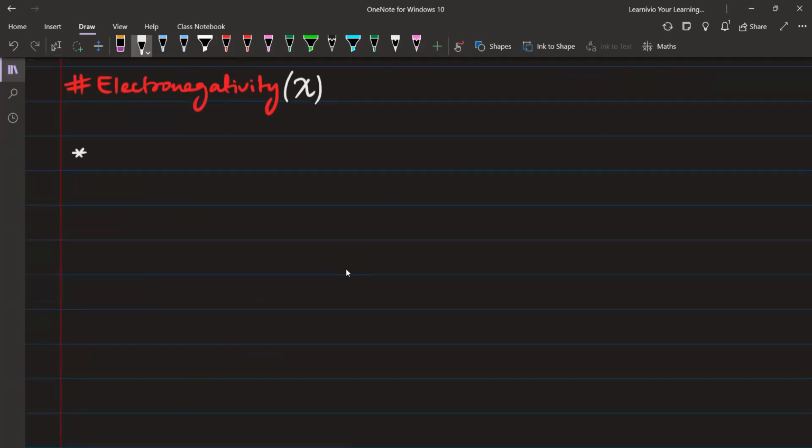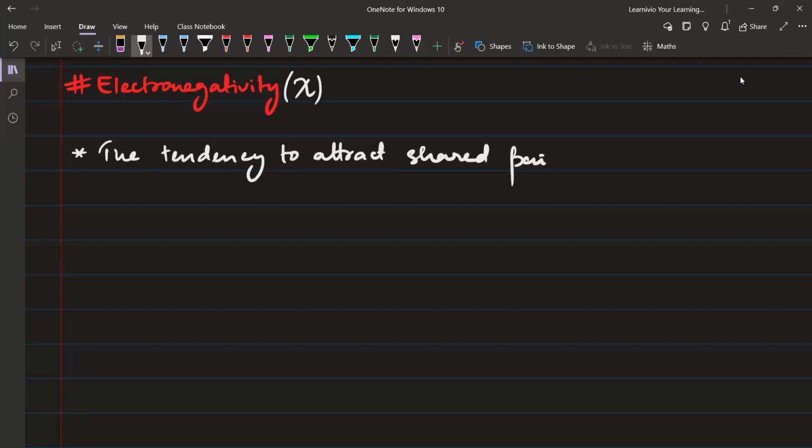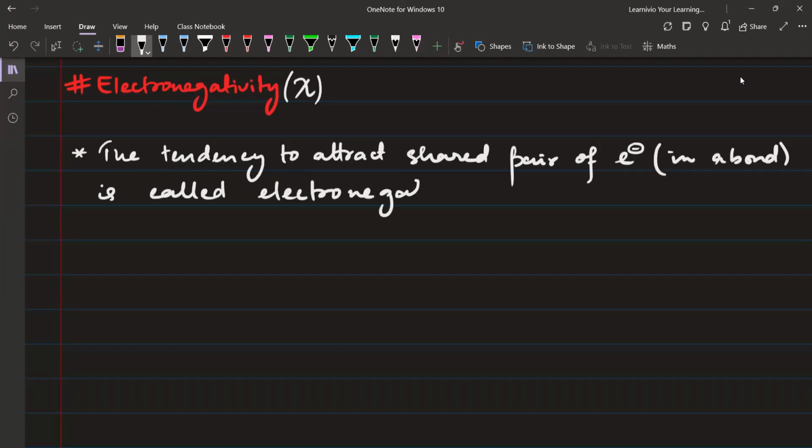What is electronegativity? The tendency to attract shared pair of electrons. Meaning, in a bond, what is the tendency to pull electrons? The tendency to attract electrons is called electronegativity.